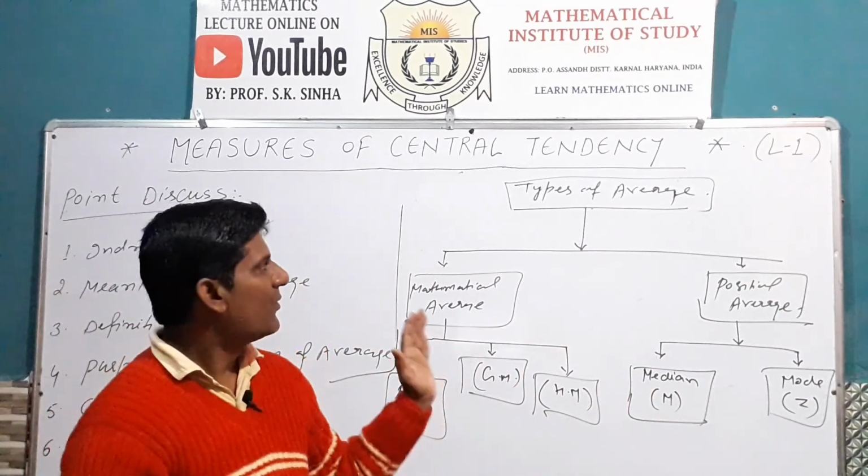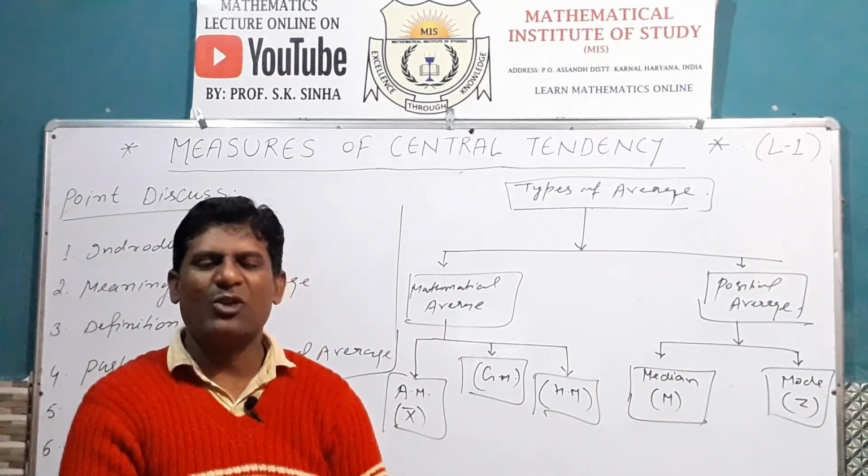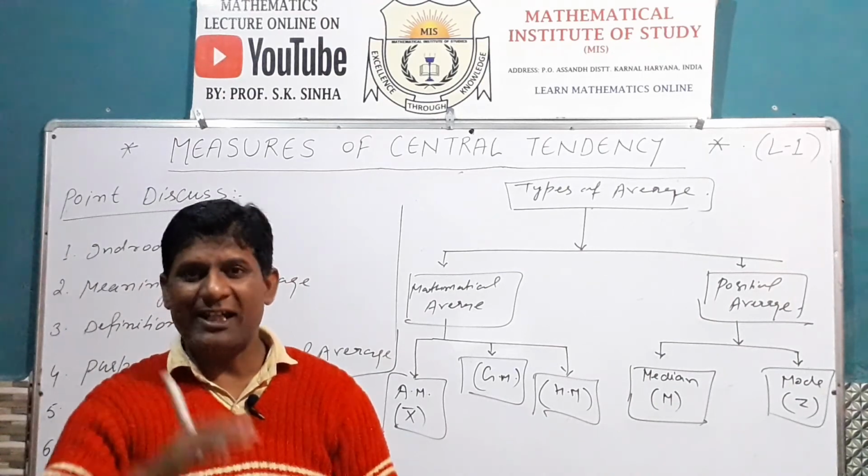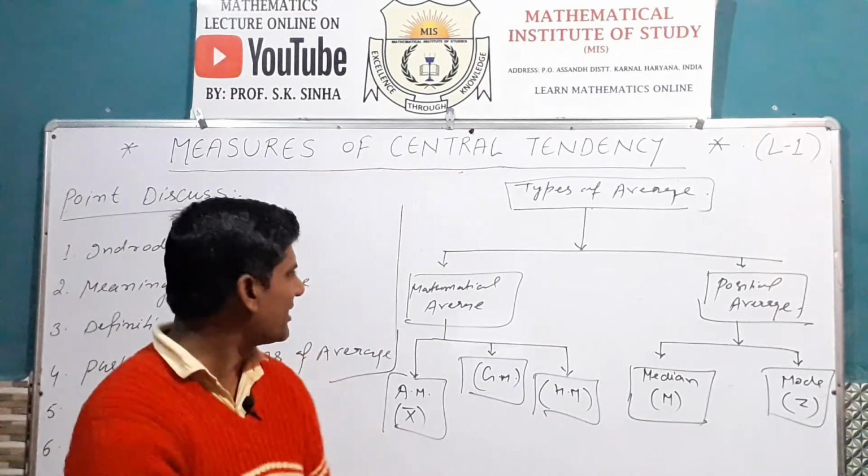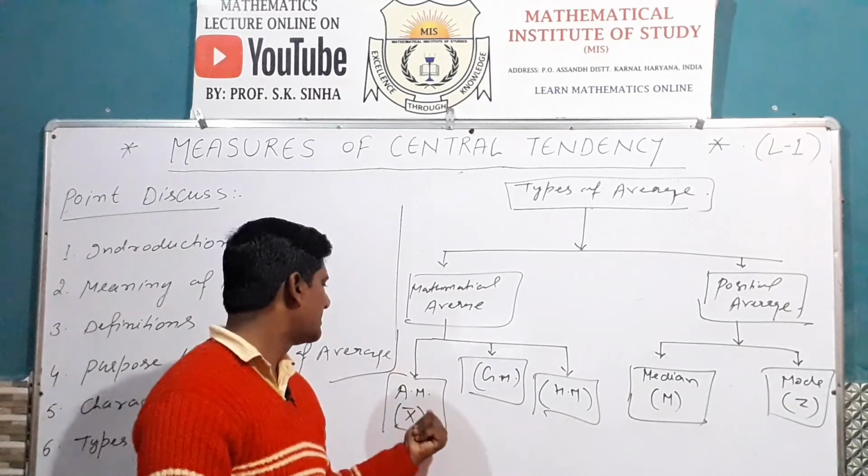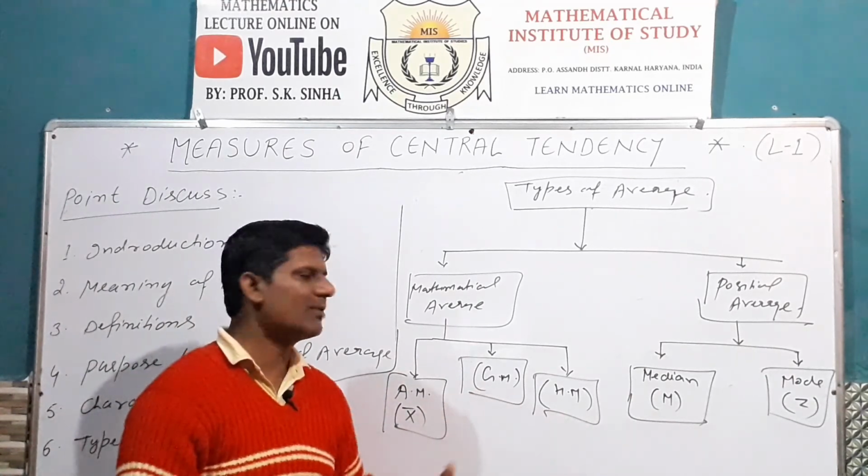Students, this was my first lecture on measures of central tendency. In the next lecture, I will start the mathematical averages: arithmetic mean, geometric mean, and harmonic mean.